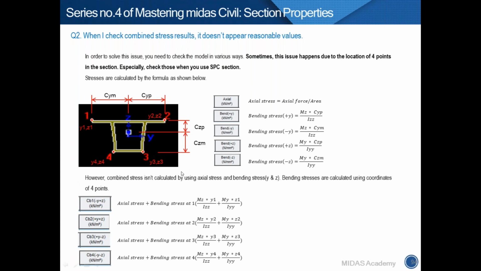So we can see, when we check the beam stress table, we can see the components, so axial stress and bending Y, bending Z, and also we can check the combined number 1, combined number 2, and 4. So at this time, the software uses different values to calculate the stress.